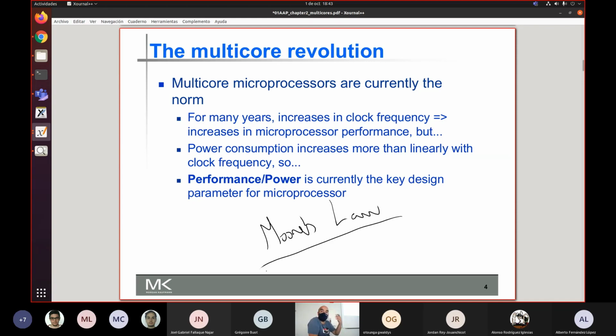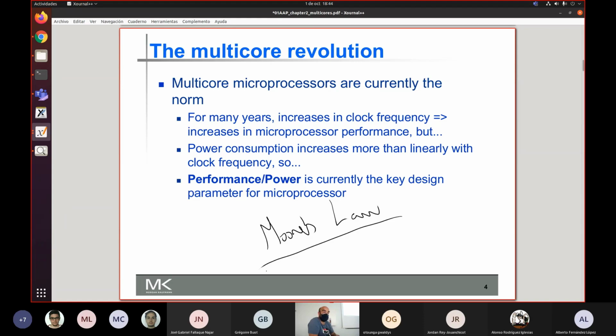When I say this processor family, this architecture is based on an integration technology of 10 nanometers, I'm telling you that the distance between two transistors is 10 nanometers. This distance has been decreased for many years, and this allows us to increase the density of transistors in the chip.